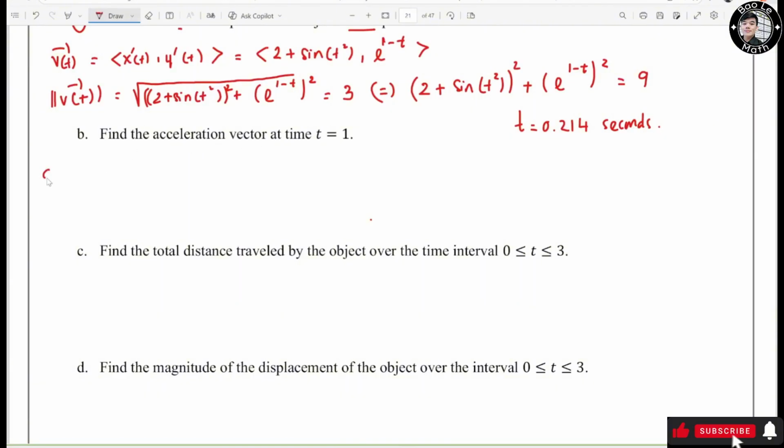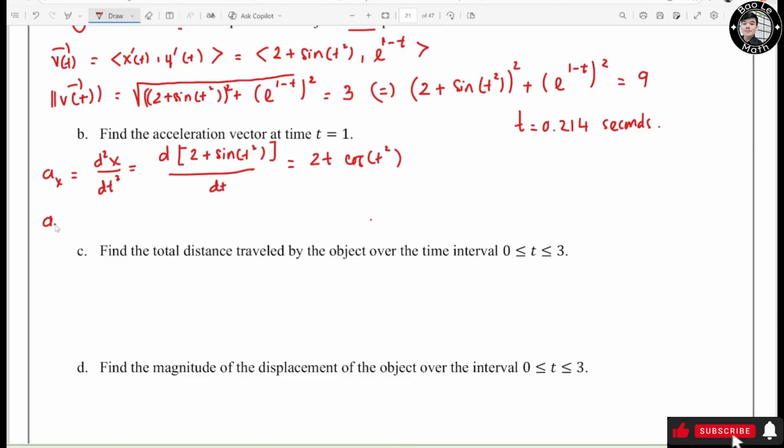So you know that a sub s equals d squared s over dt squared, right? So it's going to be the derivative of 2 plus sine of t squared dt, right? 2t cosine of t squared, right?